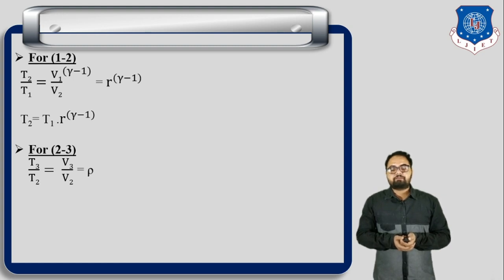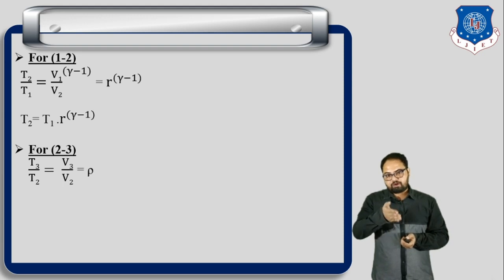Now we will consider process 2 to 3. Process 2 to 3 is known as the constant pressure process, and we know that during a constant pressure process the pressure remains constant. So the relation between temperature and volume is T3 by T2 is equal to V3 by V2, and we know that V3 by V2 is known as the cutoff ratio rho. Cutoff ratio is defined as the ratio of the volume of air after heat supplied and before heat supplied.